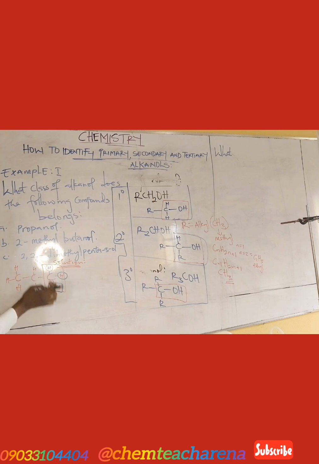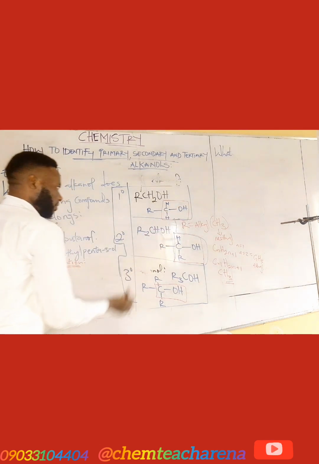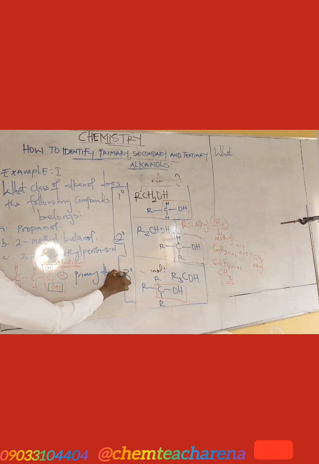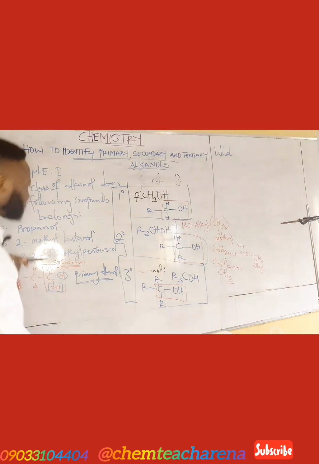The carbon bearing this hydroxyl has 1, 2 hydrogens. So this is a primary alkanol. This is the answer to the first one.